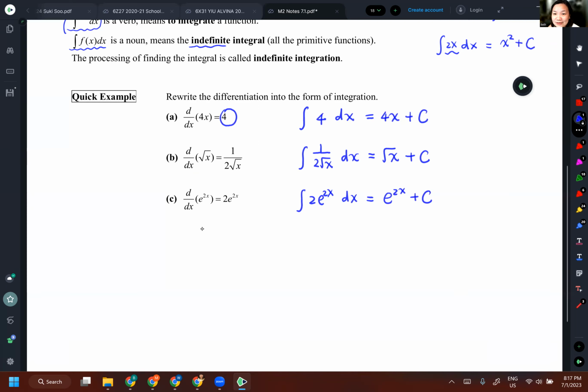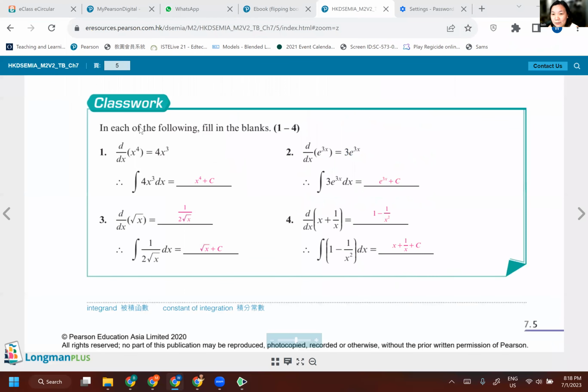Let's go to the textbook and see what kind of exercise we can get. Now on page 5, it's already the answer. Maybe I show you anyway, and then at least you can see. On page 5, this is the exercise, classwork.